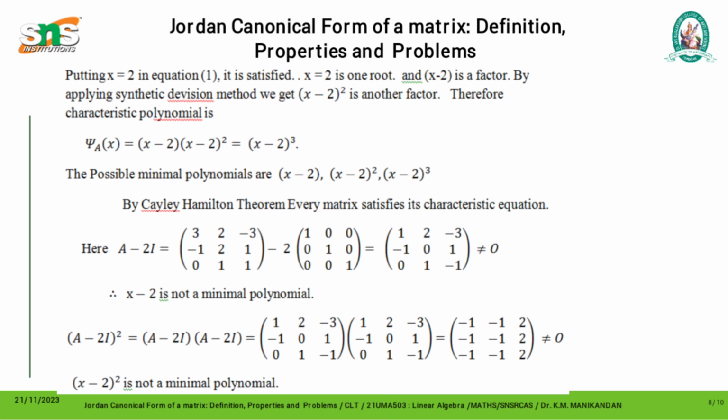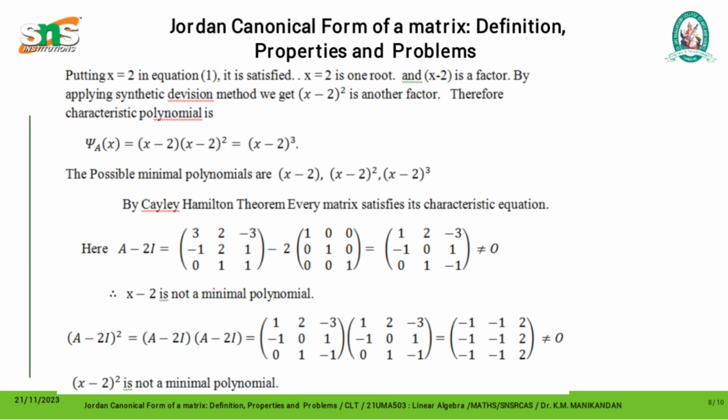Now, the possible minimal polynomials are (x minus 2), (x minus 2) whole square, and (x minus 2) whole cube. Now we verify using the Cayley-Hamilton theorem.